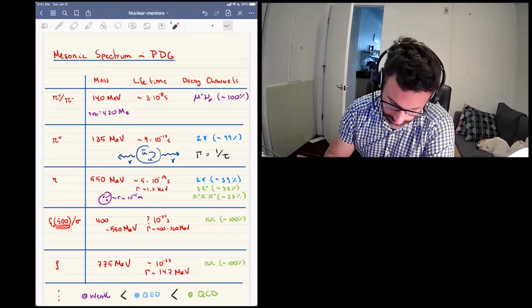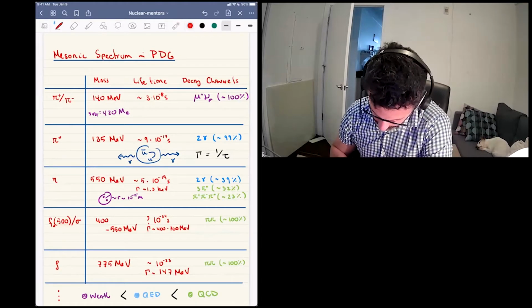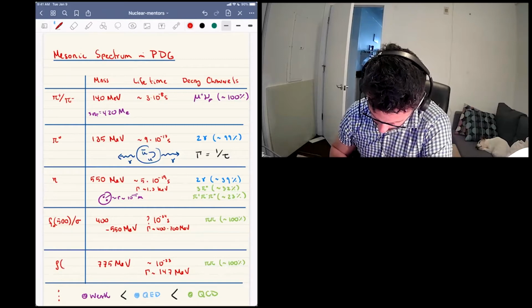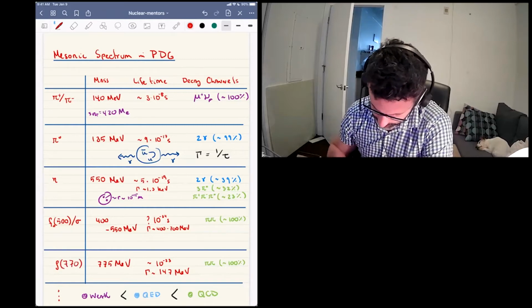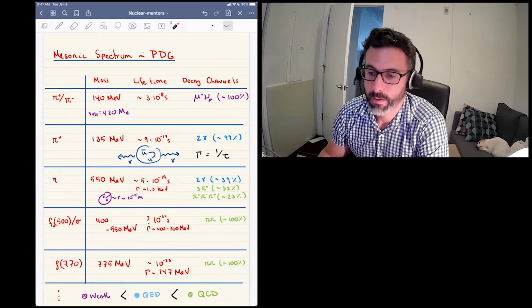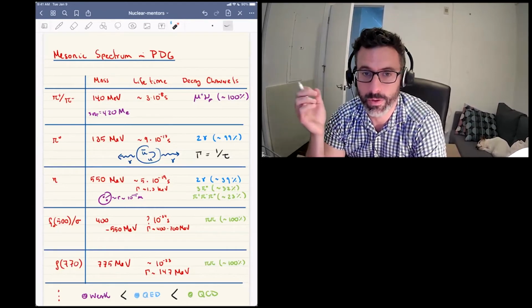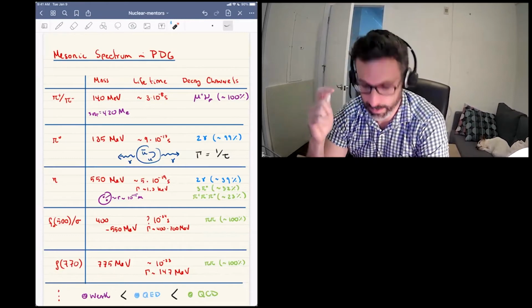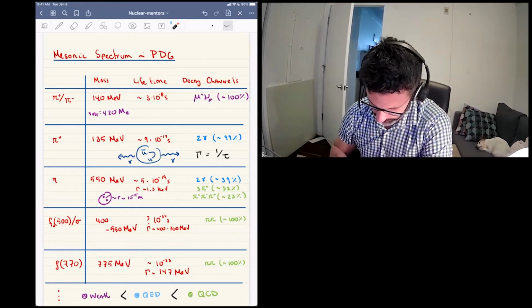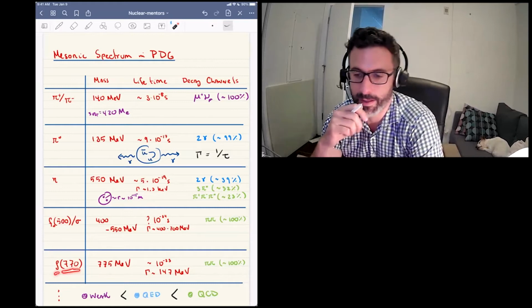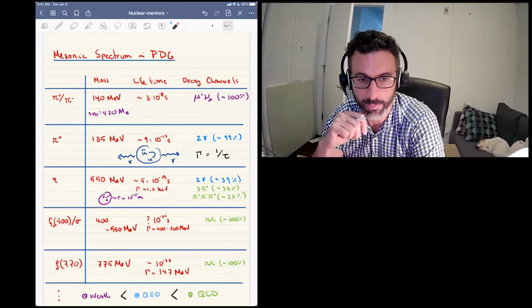And so sometimes people will call the rho the rho(770) because its mass is approximately 770. There are other particles that have the same properties as the rho but are higher in energy. So sometimes you'll see rho with a different number, and that refers to the mass of that other member of the rho family.